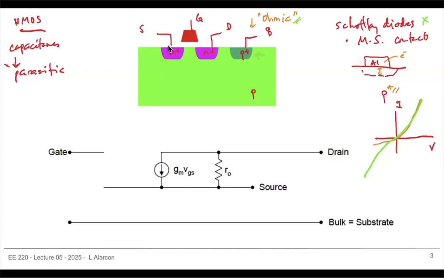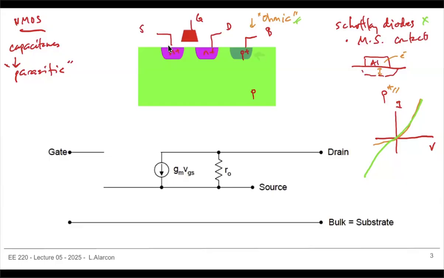Okay? They're parasitic because we don't really intend for them to exist, right? As much as possible, it would have been nice if we could build transistors without capacitors. But because of the way we construct MOSFETs, we have inherent capacitances.